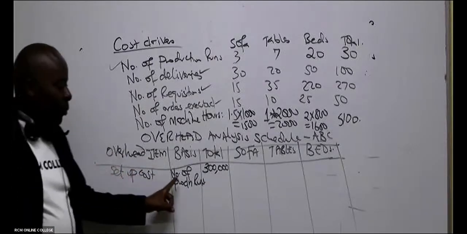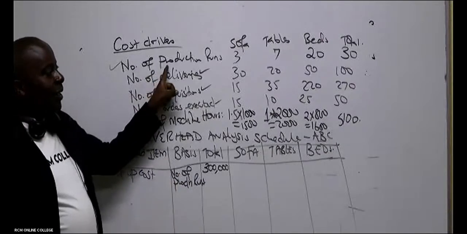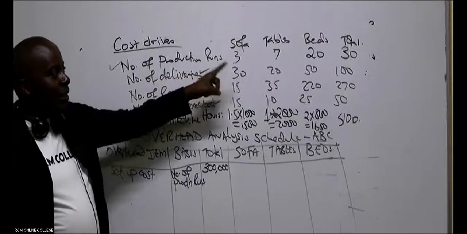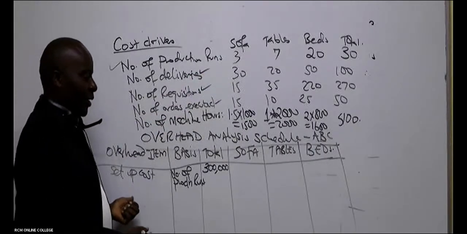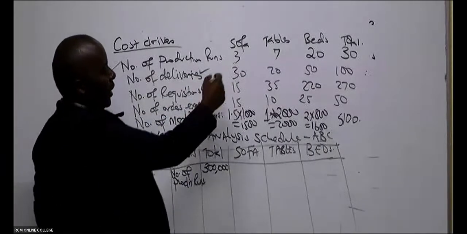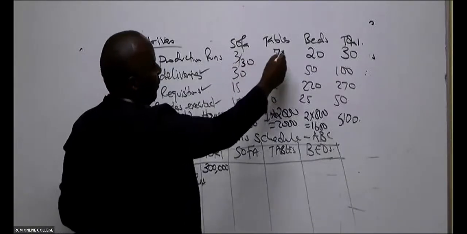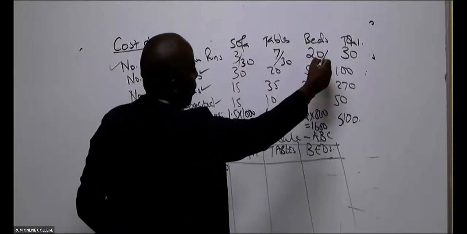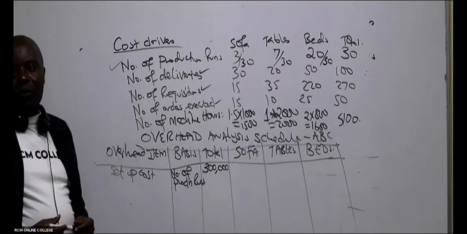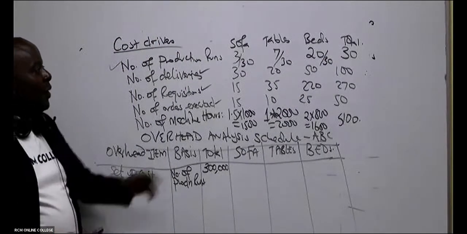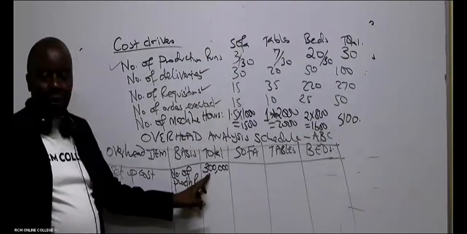We have been given number of production runs. Do we have them here? Yes, 3, 7, 20. So already we have that. Now you know this is 3 over 30, 7 over 30, 20 over 30. So we have here 3 over 30 times 300,000.